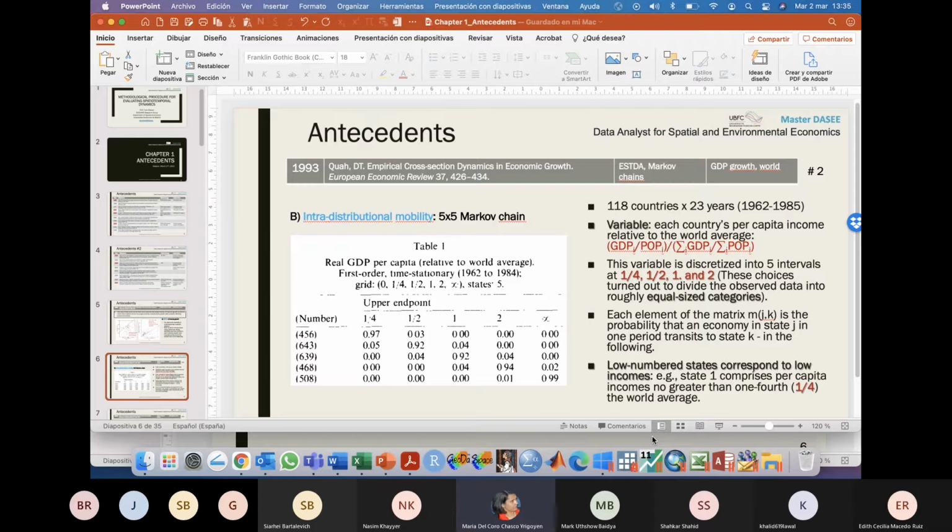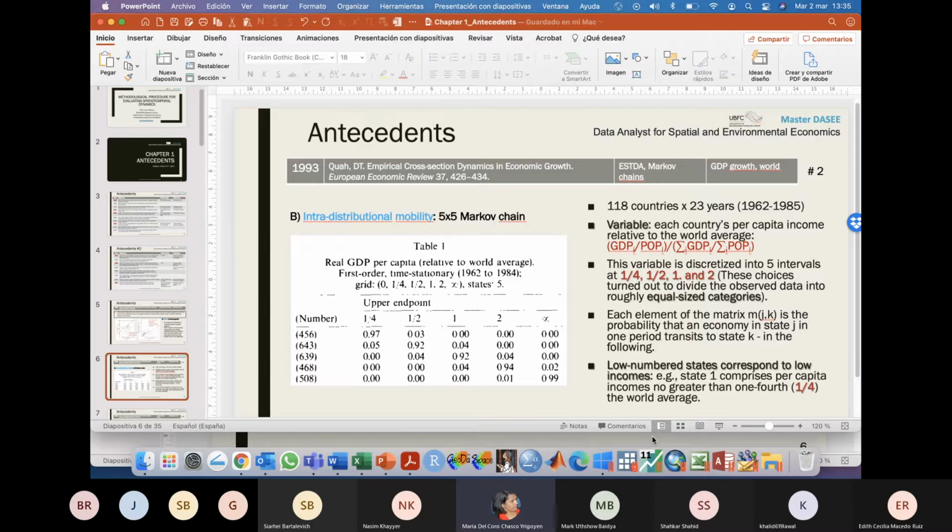This is the idea: a continuous variable, like per capita income, is made discrete in order to apply this methodology. Each element of this matrix is a probability.